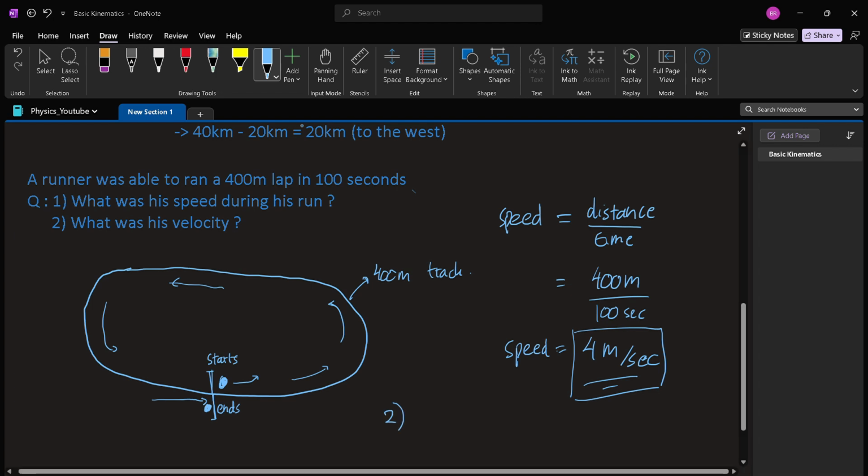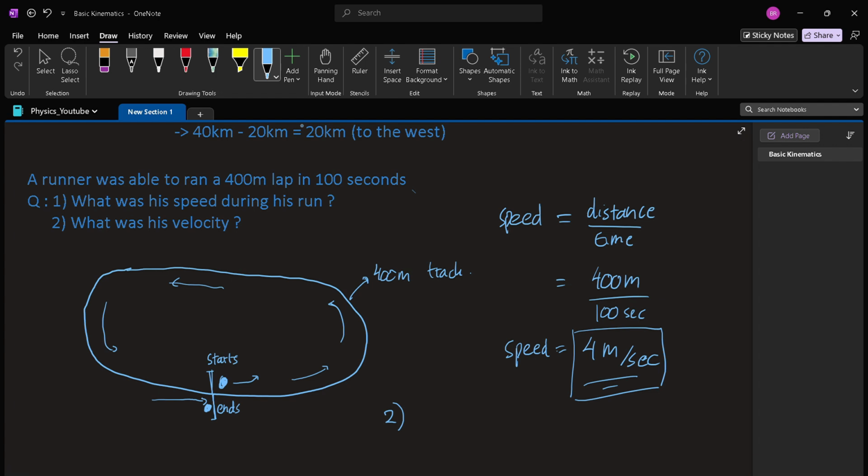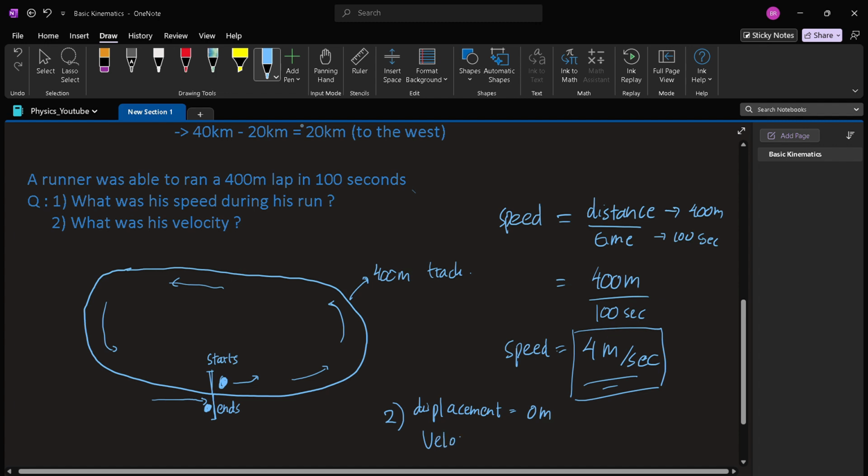But number 2, what was his velocity? If you look at the displacement during his run on a circular track, it's going to be 0, right? The distance is 400 meters and the time is 100 seconds, but the displacement equals 0 meters. So his velocity is 0 meters out of 100 seconds, which means 0 meters per second.